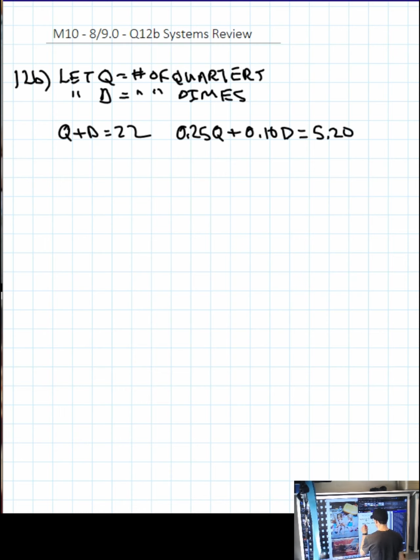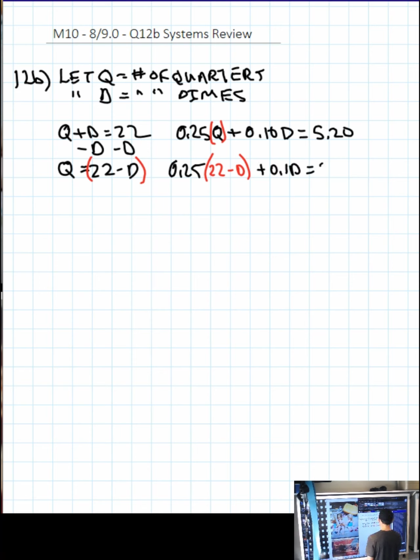Let's isolate for Q: minus D, Q equals 22 minus D. Take that and put it into the other equation, 0.25. Brackets around what Q is equal to, brackets around Q in the other equation. Put that in for that: 22 minus D, plus 0.1D equals 5.2.